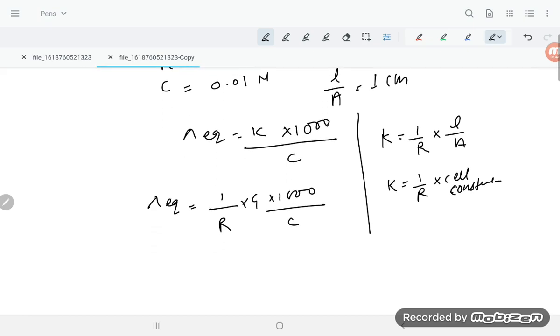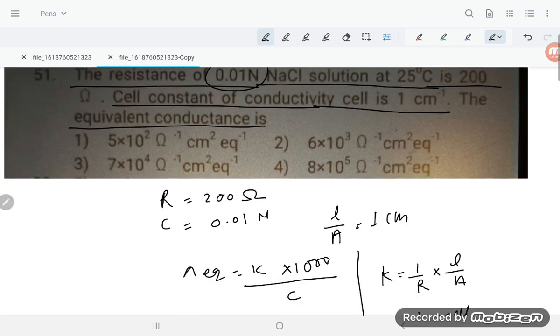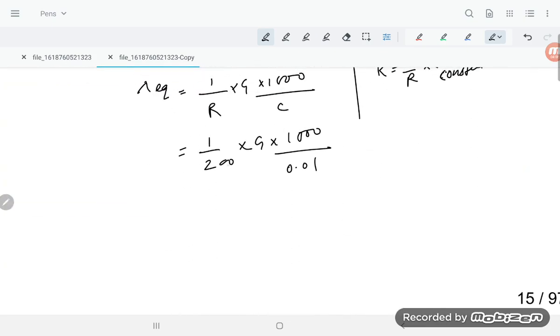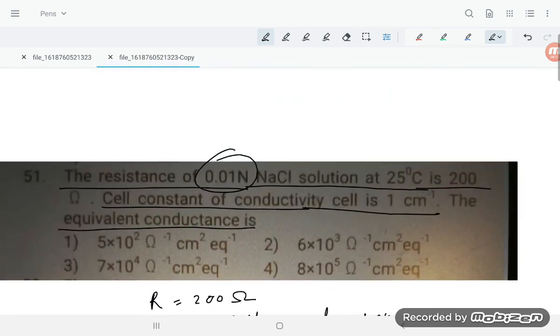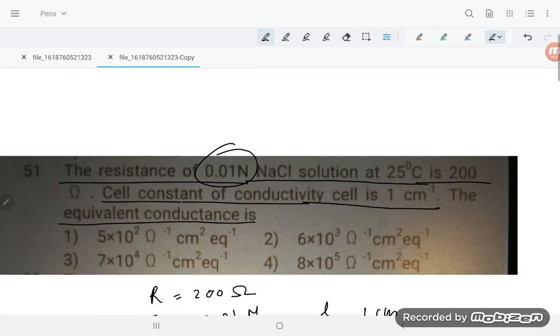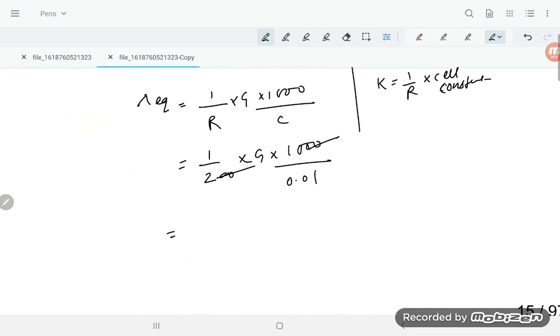So 1 upon R means 1 upon 200. G is 1, and then 1000 upon C. C means 0.01. You solve it, the 20 cancels out. They have already given the resistance of NaCl as 200, and the cell constant is also given as 1.